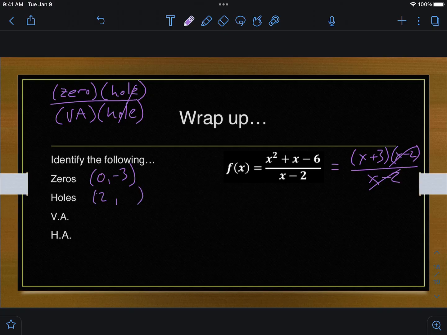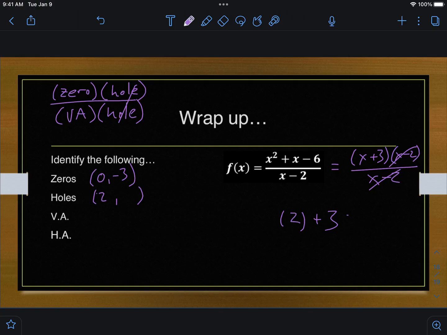And to find the y-coordinate, what you're going to do is take that positive 2 and plug it back into the simplified equation. So we'll take that x plus 3, that's what this simplifies to when we cancel out the x minus 2. And we're going to plug in that positive 2.